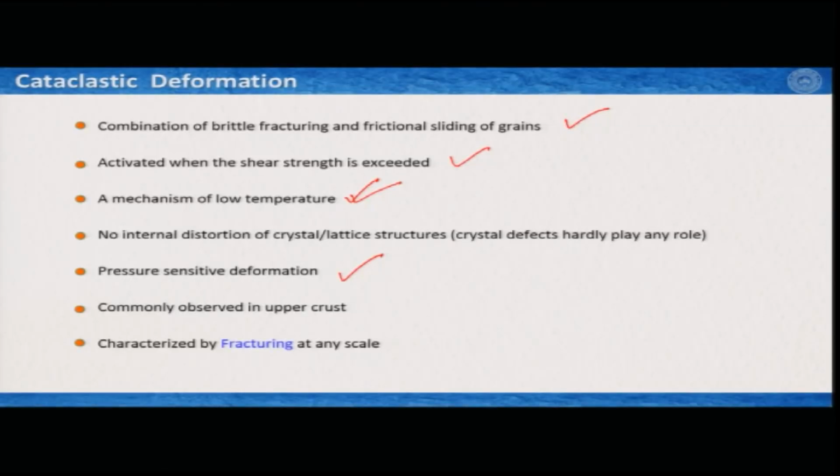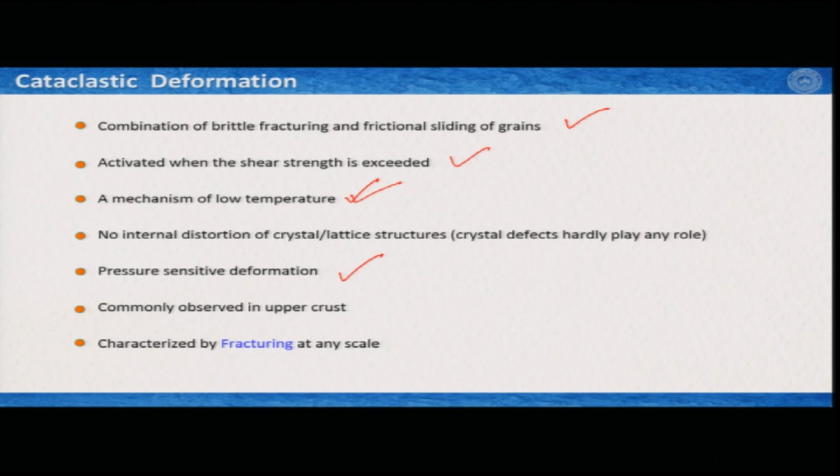The deformation is not that temperature sensitive, as I said that it is a low temperature mechanism, but pressure does play a role. You can think of the confining pressure and the pore fluid pressures. They play a very important role in controlling the different processes of deformation under cataclastic deformation.